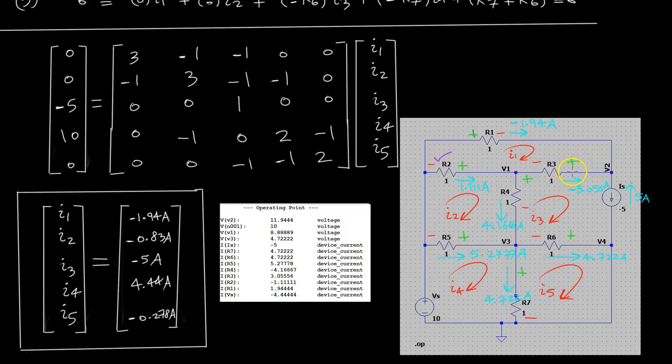So actually, it's going to be V2 minus V1 in the direction we assumed. So V2 minus V1 is going to be 11.94 minus 8.88. Basically, it's going to be 3.05, and that's going to be going in this direction. But we get a negative sign here through R3.